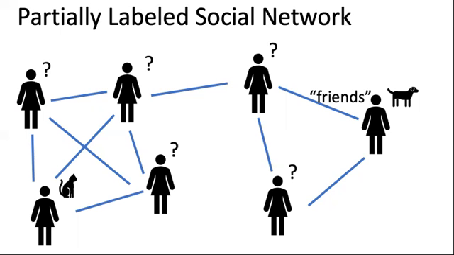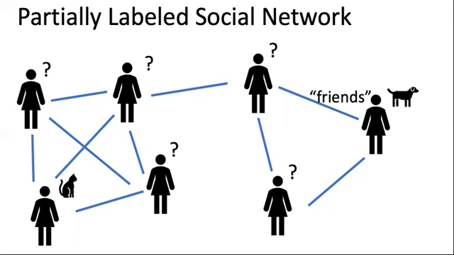And our goal, or the method that we develop or analyze, is then inferring or predicting the labels of all individuals based on the social network structure and the few known labels on the training set or labeled set.